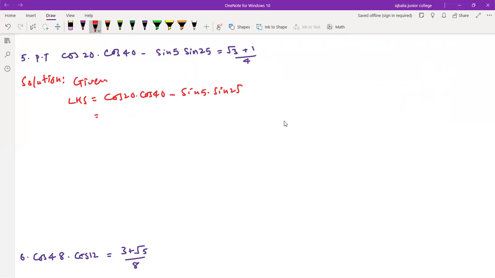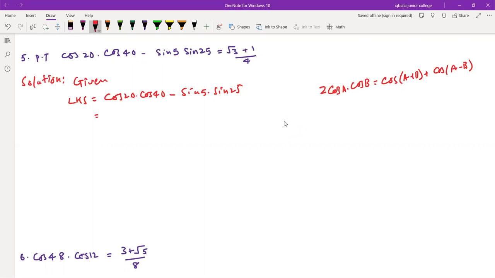Okay, now here we have to use the product into sum formula. We know 2 cos A into cos B is nothing but cos A plus B plus cos A minus B. This is the product into sum formula.